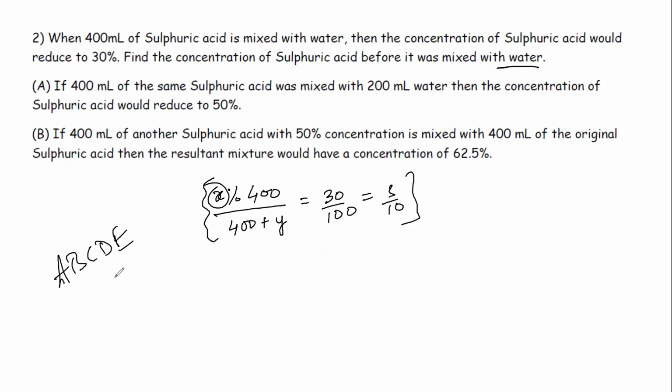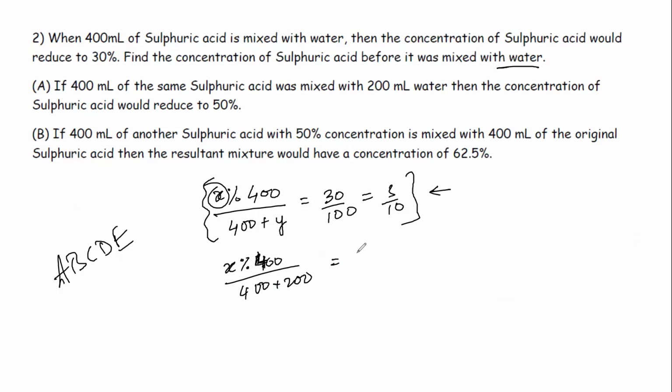Statement A: if 400 ml of the same sulfuric acid was mixed with 200 ml of water, then the concentration of sulfuric acid would reduce to 50%. So now from this question stem, for which we made an expression, we just substitute the values. X percent of 400, because it's the same solution, upon 400 of the sulfuric acid plus 200 ml of water. Y is 200.